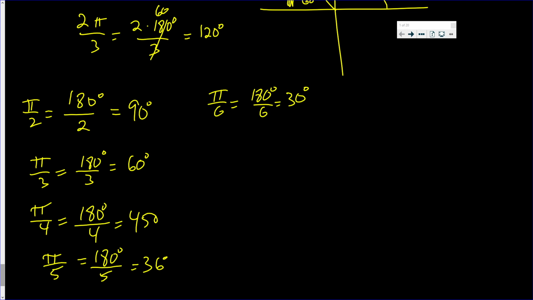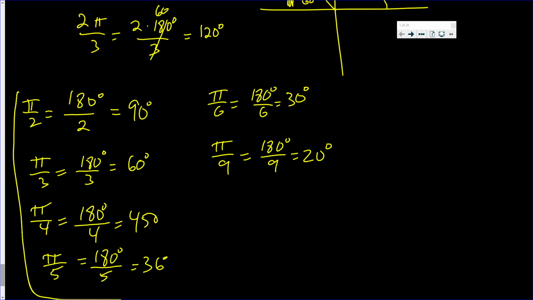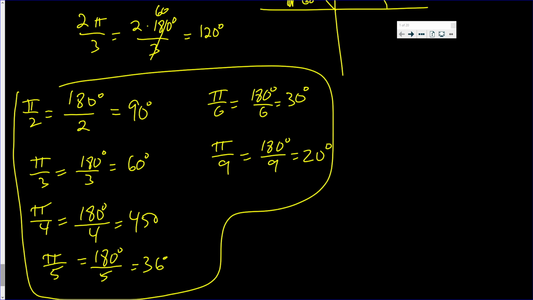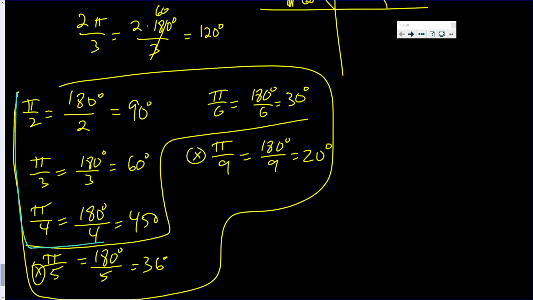And we generally don't do 7 and 8. 9's not very popular, but 180 divided by 9, that's an easy one. It's 20. So I would know all of these, and you don't really need to know this one and this one. Okay, definitely know the others. That is, know the ones in this blue box. Know how to divide 180 by 2, 3, 4, and 6.